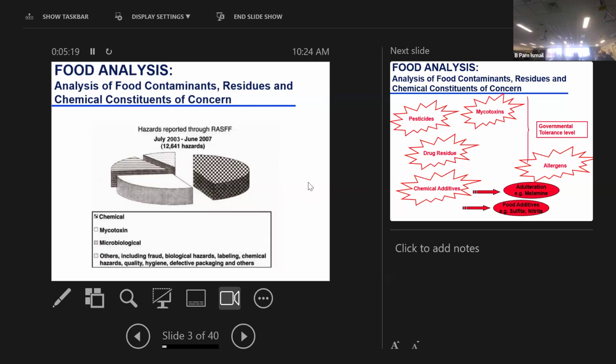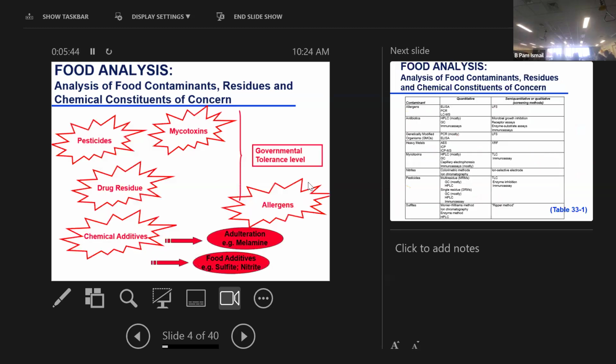Sometimes labeling, bisphenol A, for example, comes from plastic. Certain plastic leaches into the water or the juice or whatever is in that plastic. So now there is bisphenol A-free plastic. So packaging, hygiene, glass, metal, whatever.